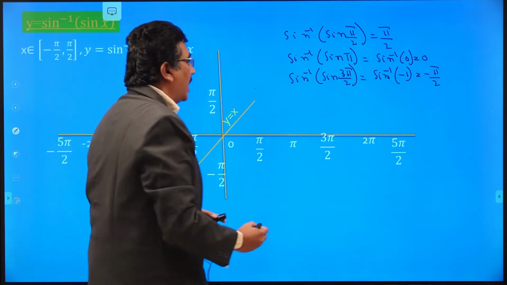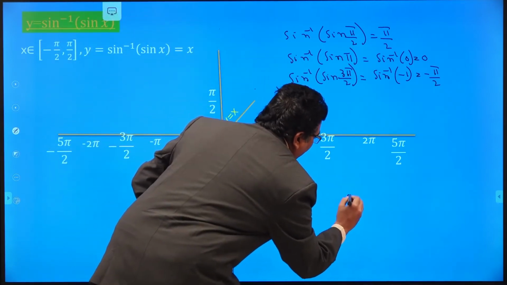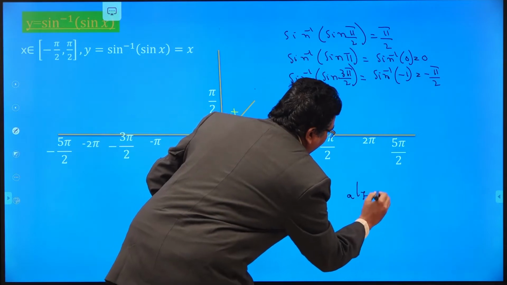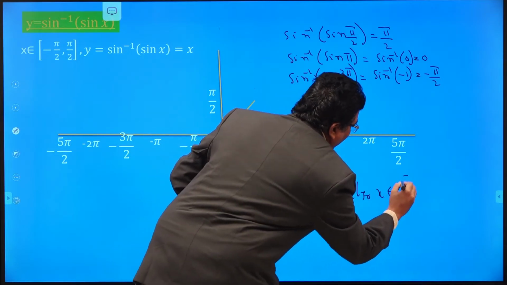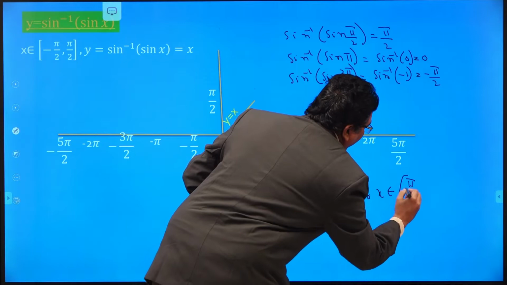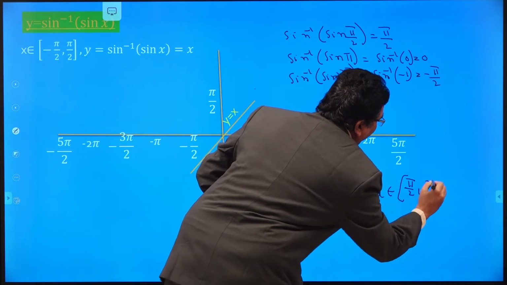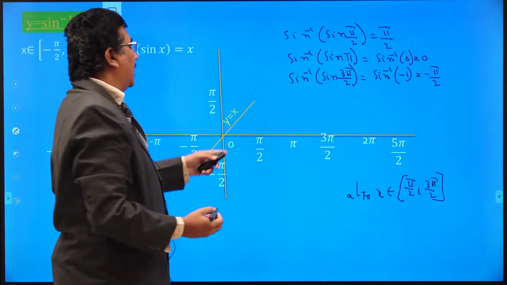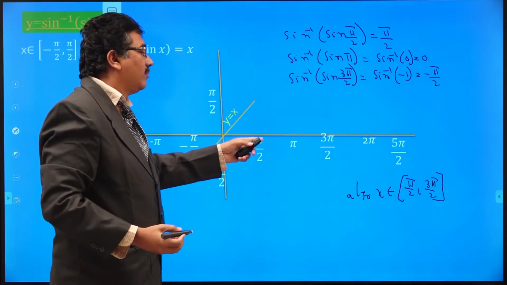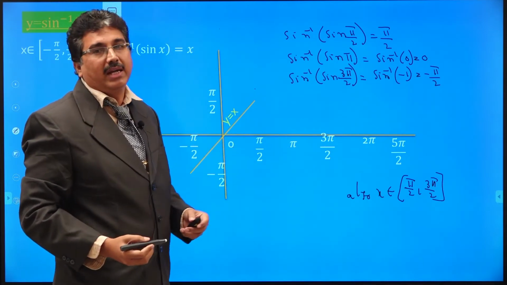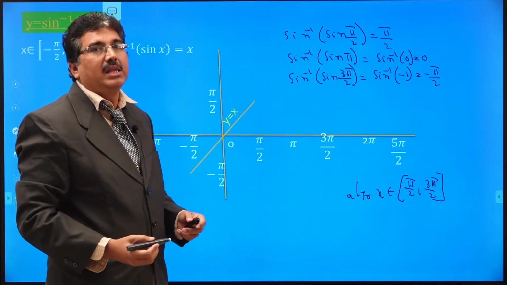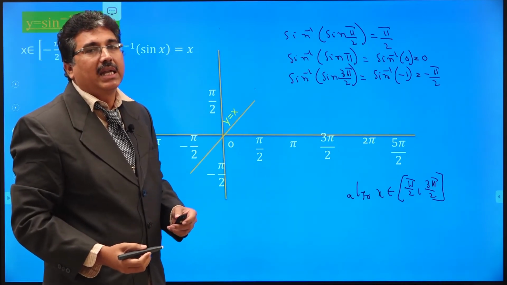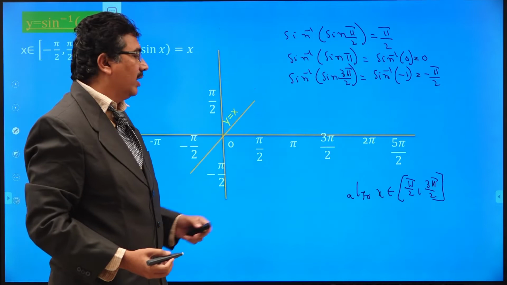Also, if x belongs to the closed interval pi by 2 comma 3 pi by 2, then what is the graph in this interval?